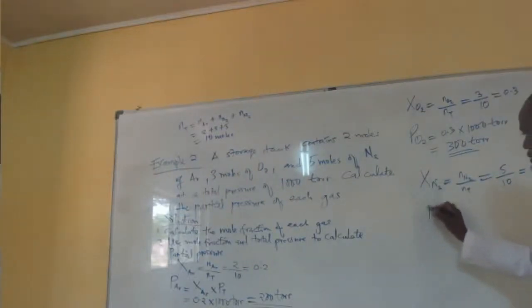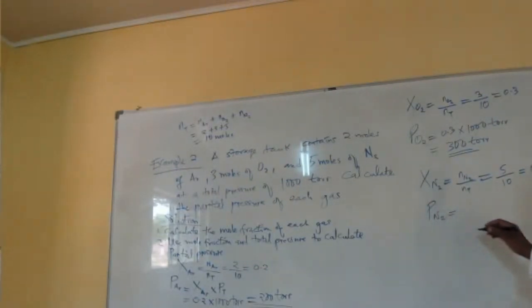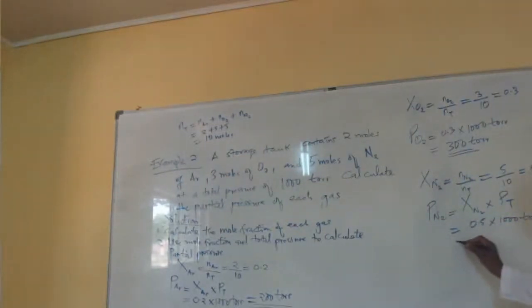The partial pressure of nitrogen will be equal to the mole fraction of nitrogen times the total pressure PT. So that will be 0.5 times 1000 torrs, which is equal to 500 torrs. So that is how you calculate the partial pressures of gases within a mixture.